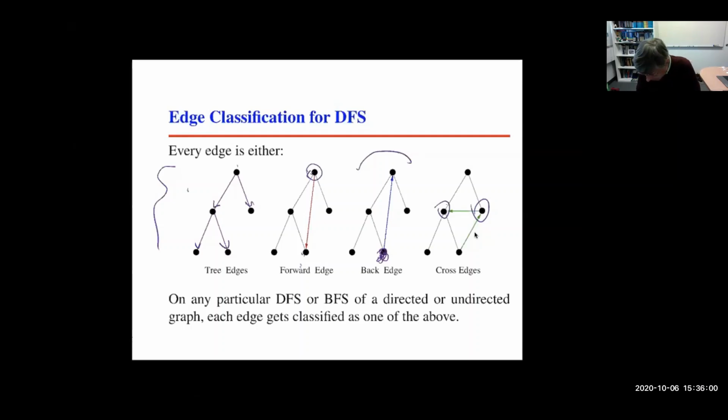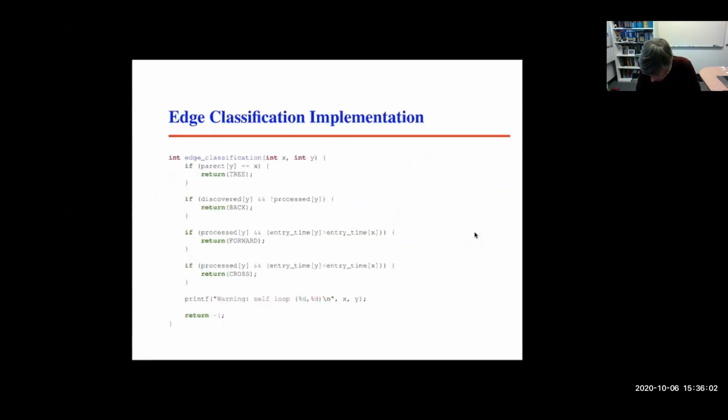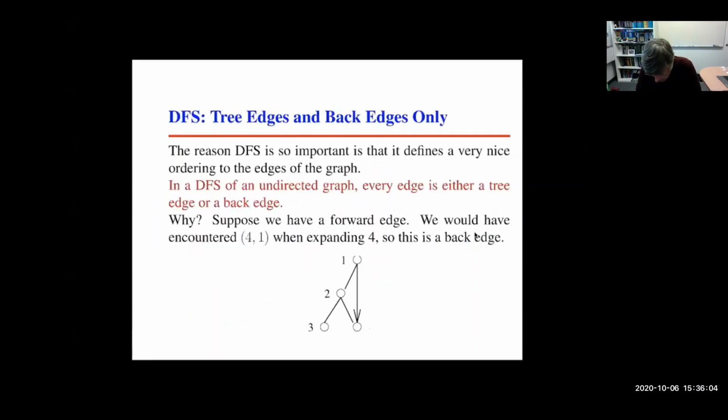But the key point is that if I do a DFS on an undirected graph, every edge is either going to be a tree edge, because it discovered somebody, or it goes to an ancestor.